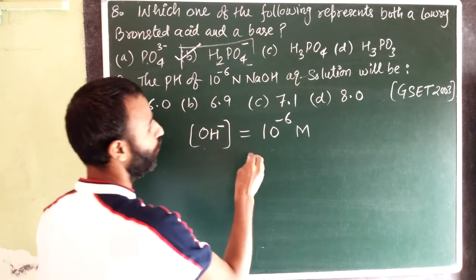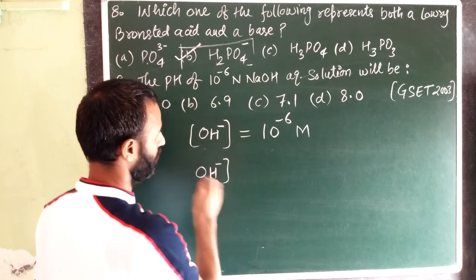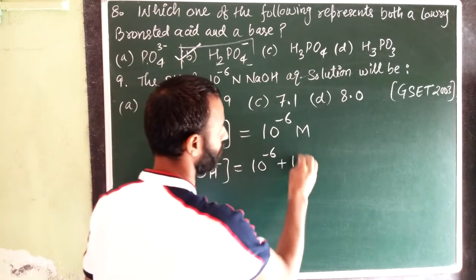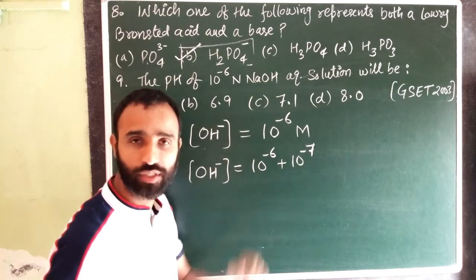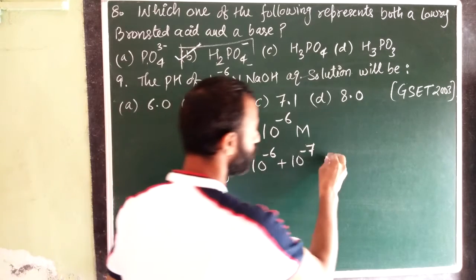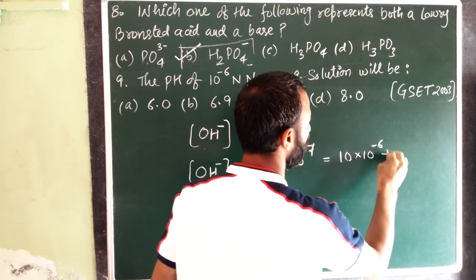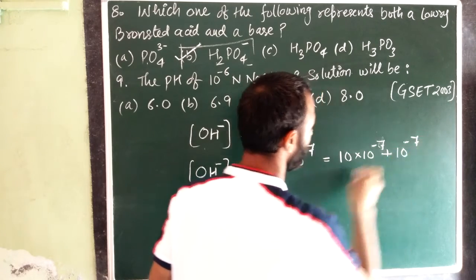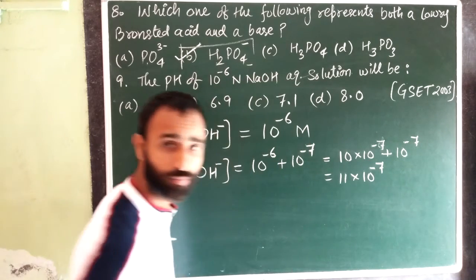So now according to the equation, the OH negative concentration is total. We should add water because very close values are there, right? In this way we get 10 into 10 raised to minus 6 plus 10 raised to minus 7, so it is 11 into 10 raised to minus 7.